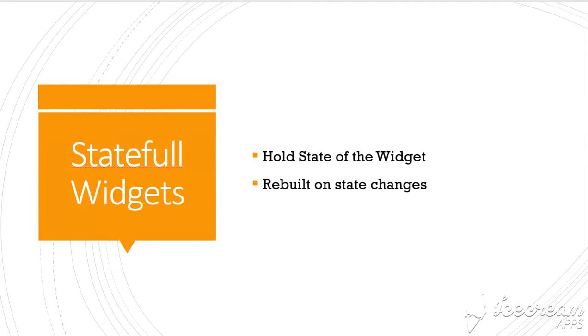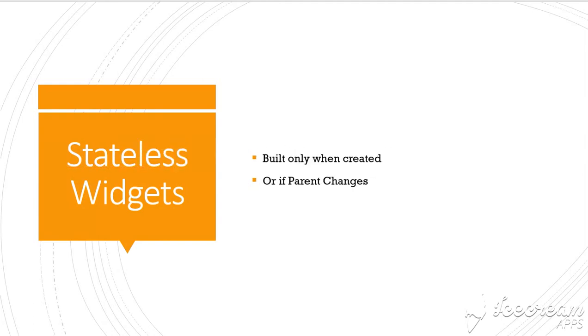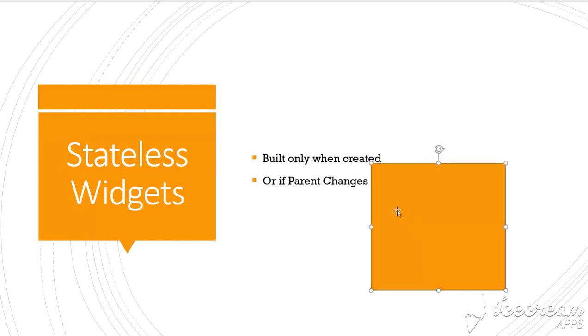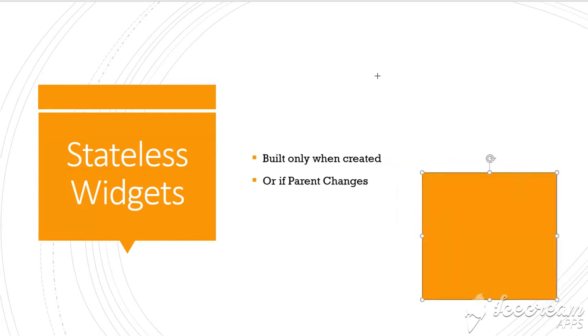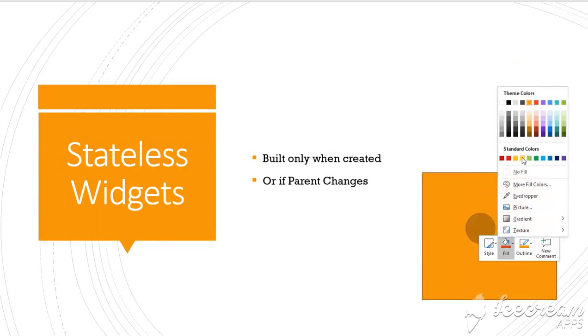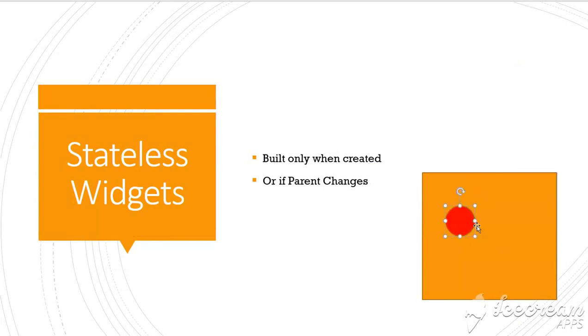Next, stateless widget. A stateless widget is built only when created, or if the parent changes. So if the parent container is changed, let's say you have a parent container, and you have the widget inside it, and you give it a different color. It can be anything, maybe a button.